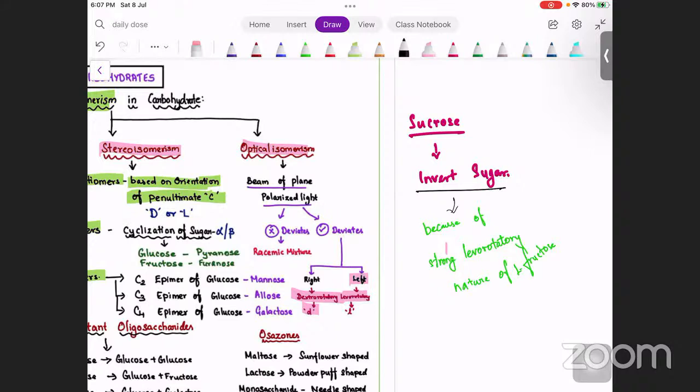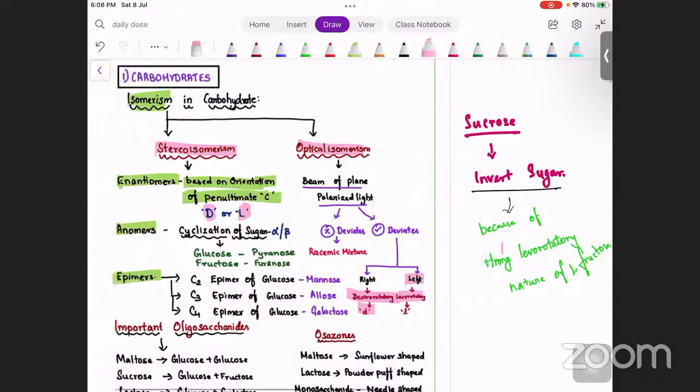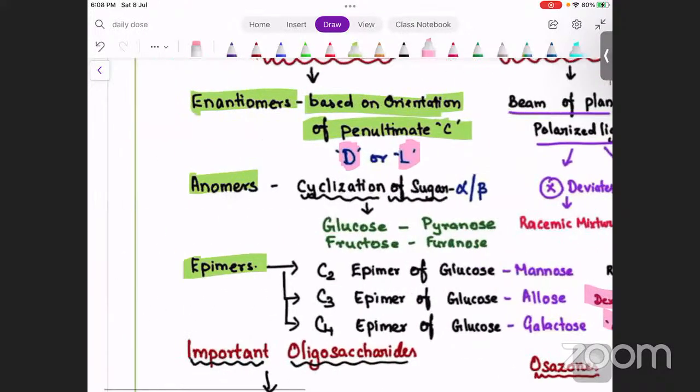You have to check that penultimate carbon orientation. If it is on the right, then that sugar is a capital D sugar. If it is on the left, then that sugar is a capital L sugar. It is solely based upon the penultimate carbon orientation.